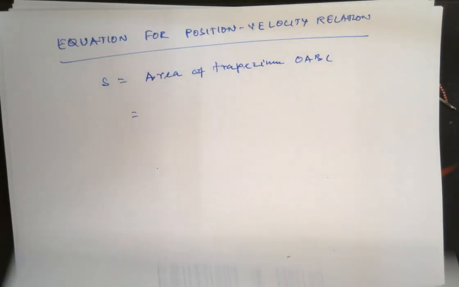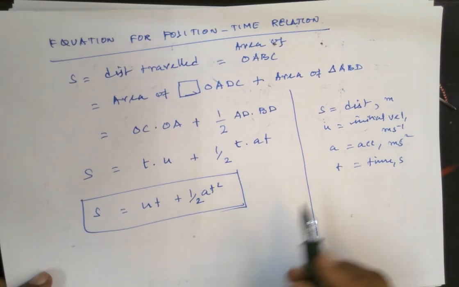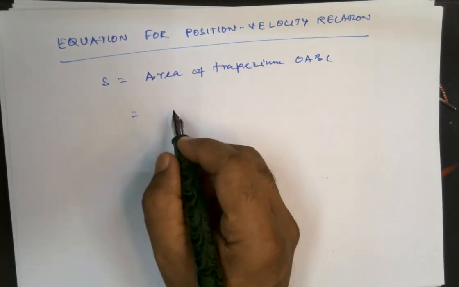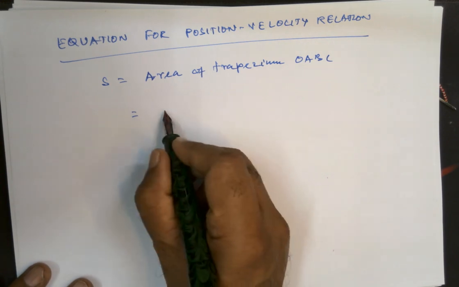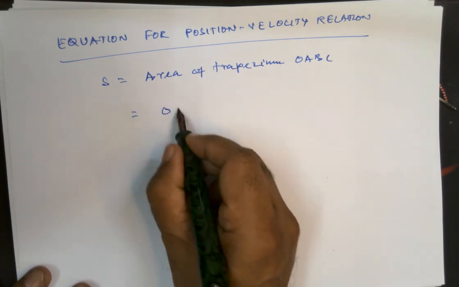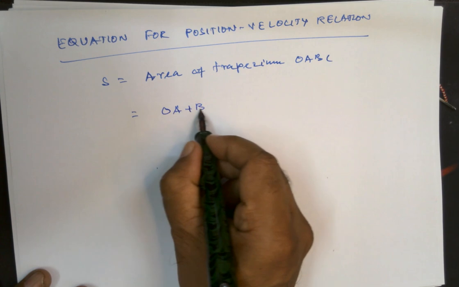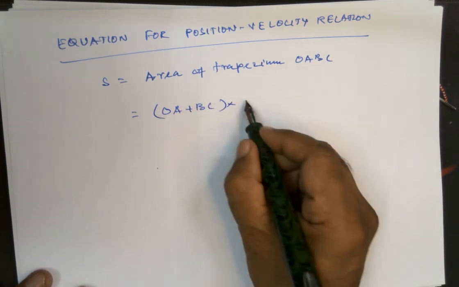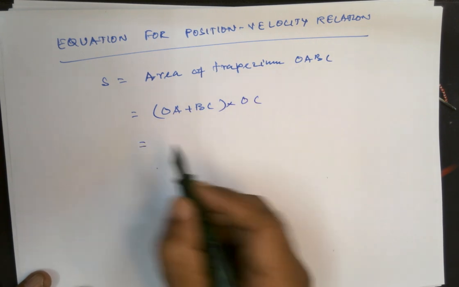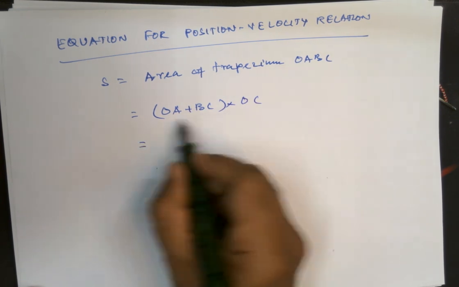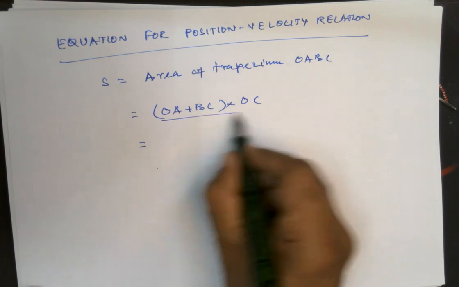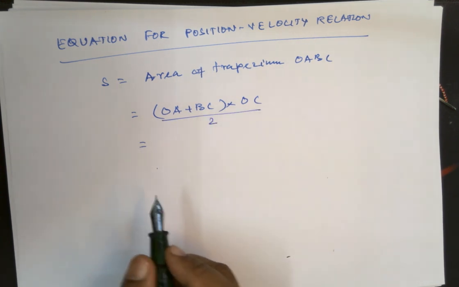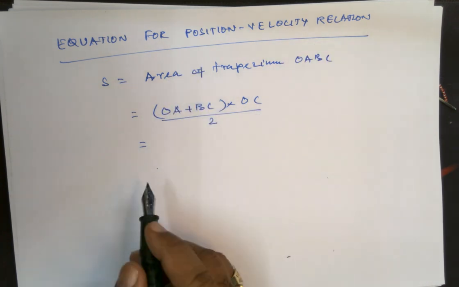Take down, the area of a trapezium is OA plus BC into OC, all divided by 2. This is the formula for the trapezium area. So we can adopt this one.